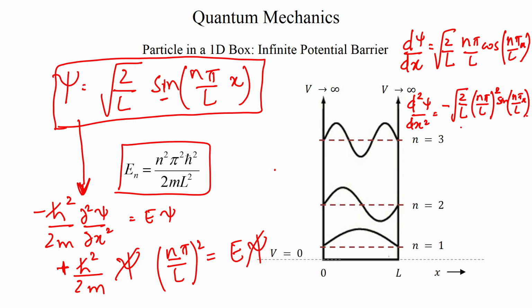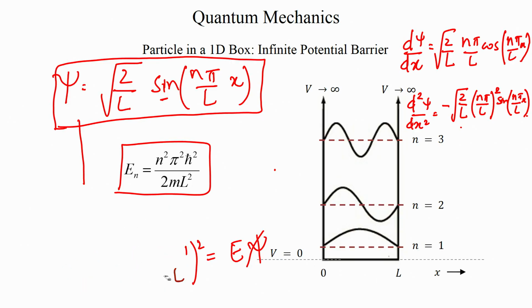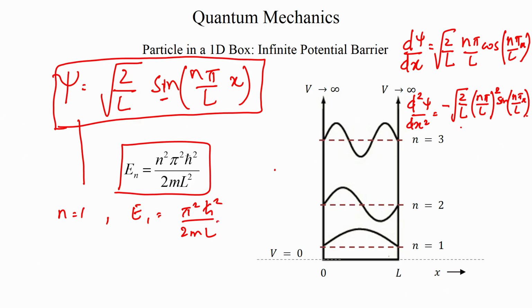The first thing you notice is that the energy cannot take any arbitrary value, since n can only be integers. If n is 1, my energy is pi square h bar square by 2m L square. If n is 2, my energy is 4 pi square h bar square by 2m L square, and so on. So the energy is quantized.